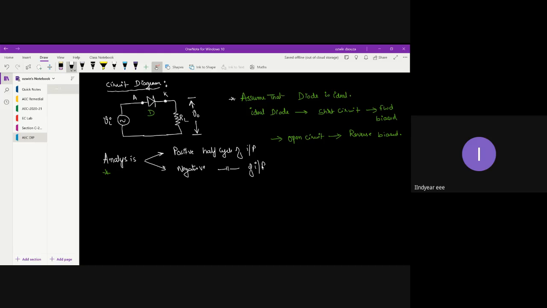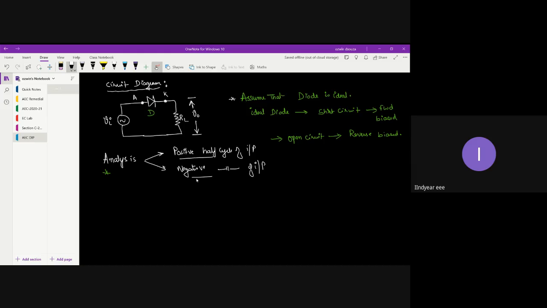This analysis approach remains the same throughout the analog electronics course. Whenever the circuit is energized by a sinusoidal function, to analyze the circuit, we first consider the positive half cycle, and then the negative half cycle. So over a cycle, we know what output we are going to get.